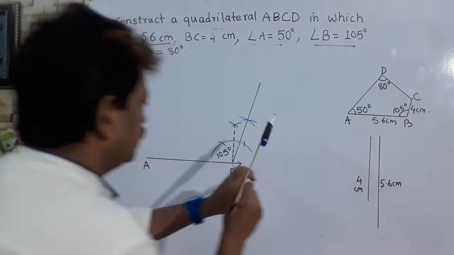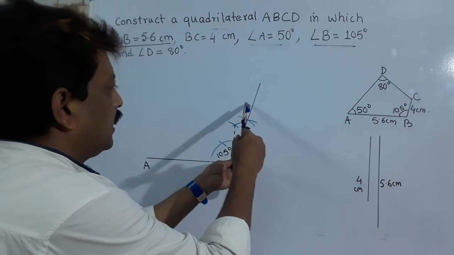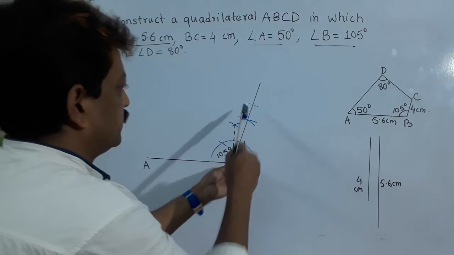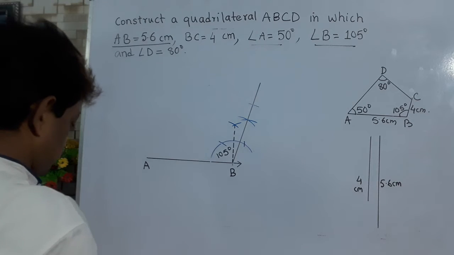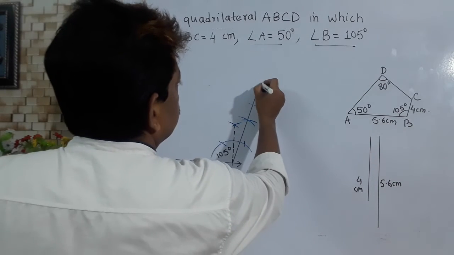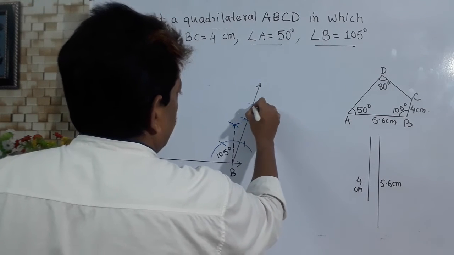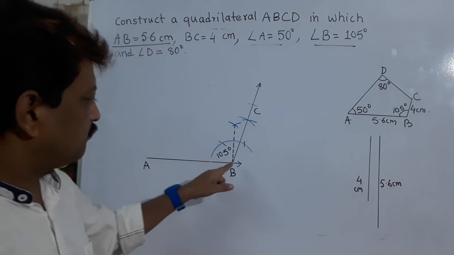Placing the compass here at B, an arc is made to intersect the line. This is 4 centimeter. This is C. So we have got the three vertices A, B and C.